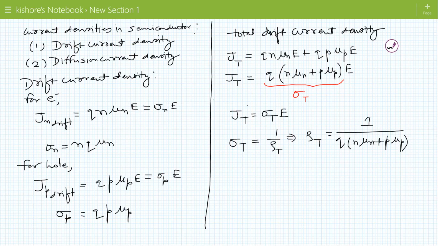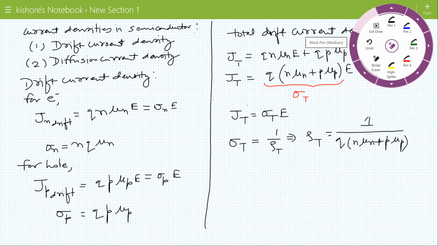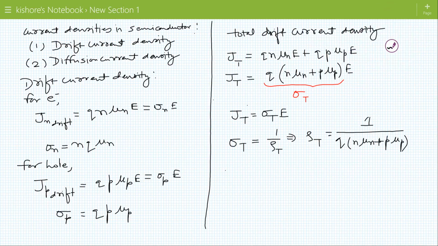Now if semiconductor is intrinsic semiconductor, for intrinsic semiconductor, n equals p equals Ni.